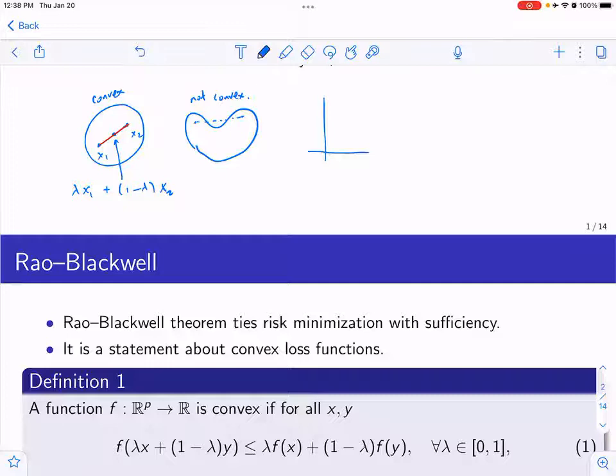So the function between 2 points lies below the line between the function points. Yeah, so basically if I take 2 points, x1, this is going to be f of x1, and then I have x2, and then f of x2.